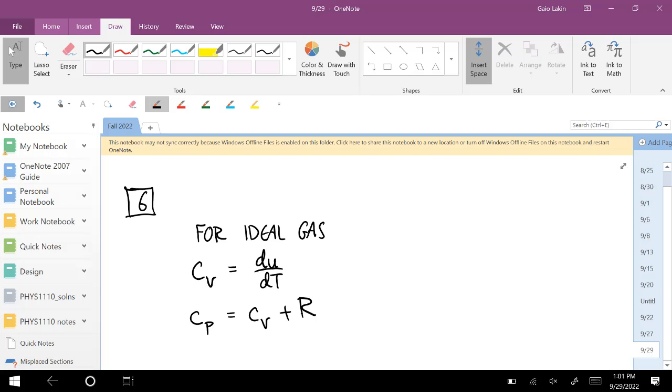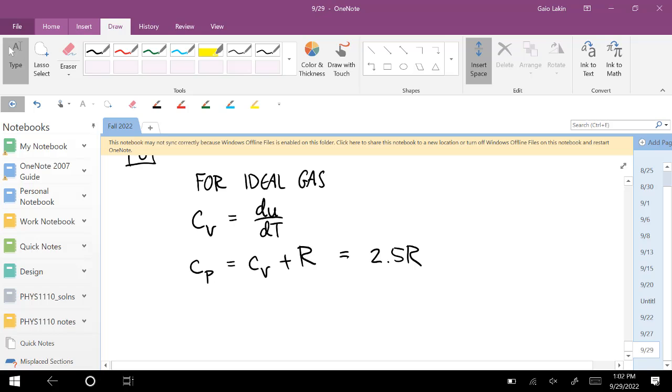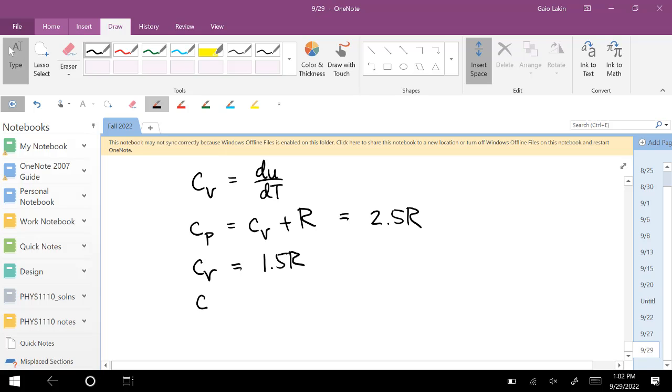And for a monatomic gas, we're given that Cp is equal to 2.5 R. So subtract R from both sides and you get Cv is equal to 1.5 R. And so Cp over Cv is 2.5 R over 1.5 R, and so that's 5/3.